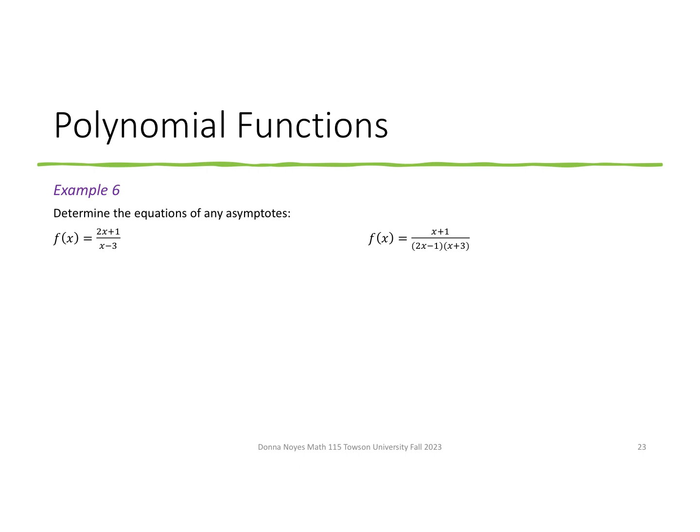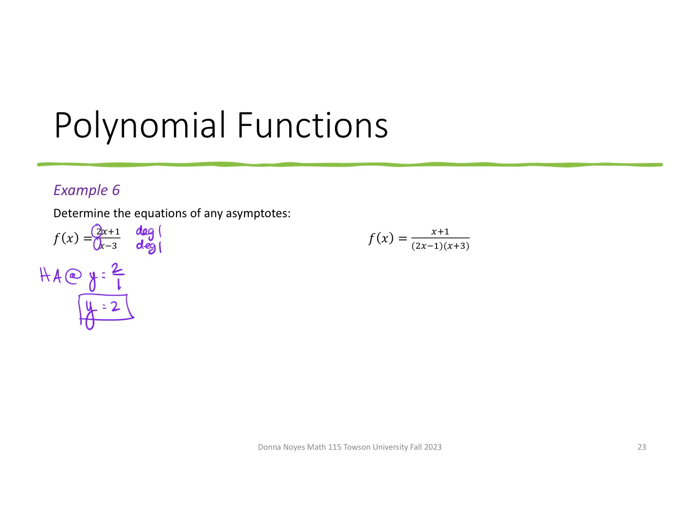Notice they have the same degree. So this is a degree 1 over degree 1. So we would have a horizontal asymptote at y equals their leading coefficients, 2 over, and since it doesn't say it, 1. So we have a horizontal asymptote at y equals 2.